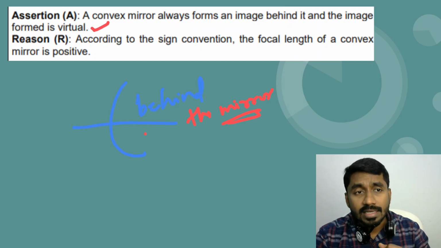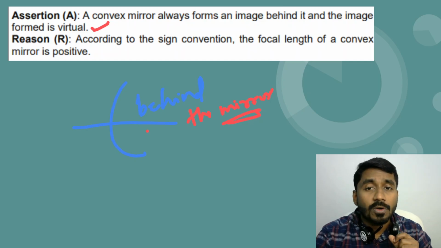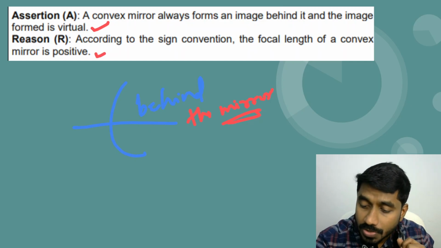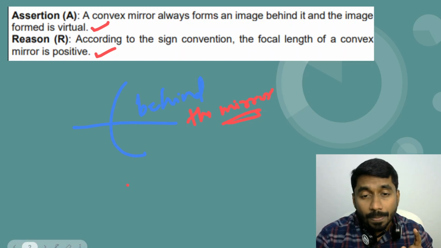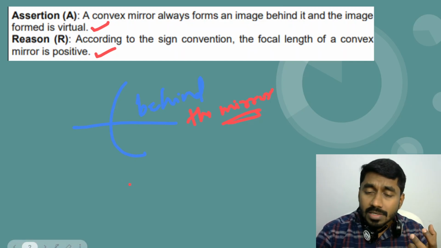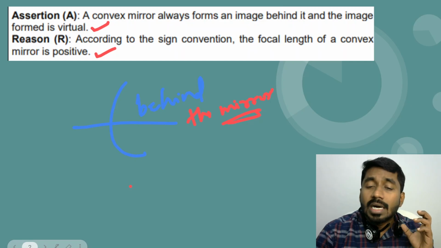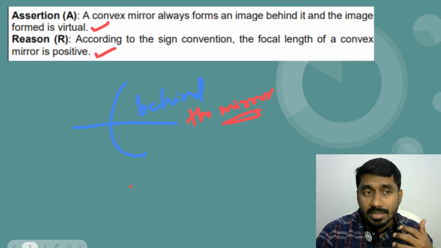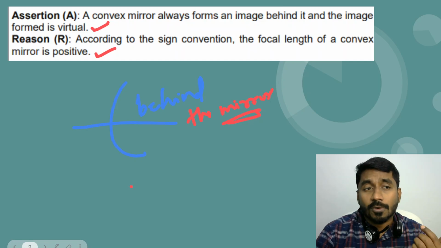Now let's read the reason. According to the sign convention, the focal length of a convex mirror is positive. So R is also true. But here R is not the correct explanation for A, because A is about producing a virtual image, and the reason is given as the focal length is positive.